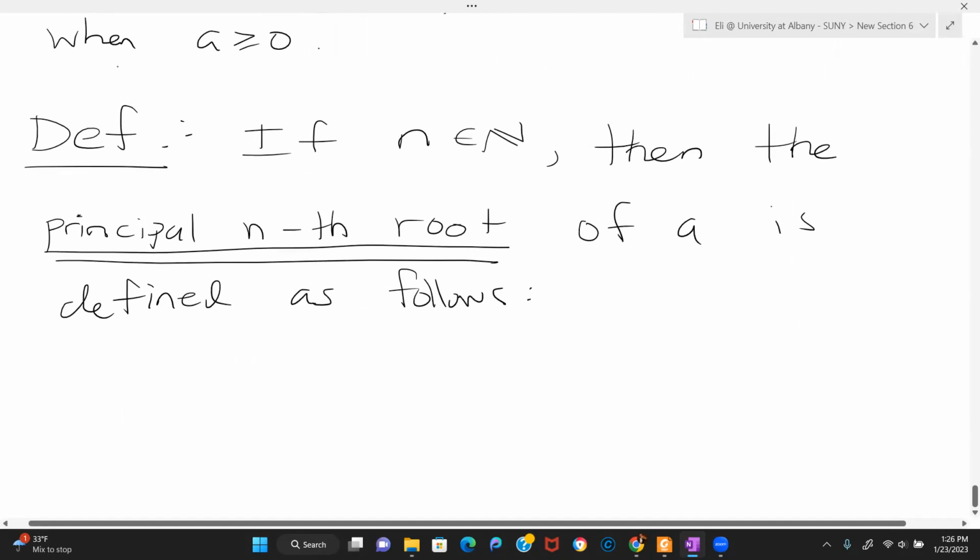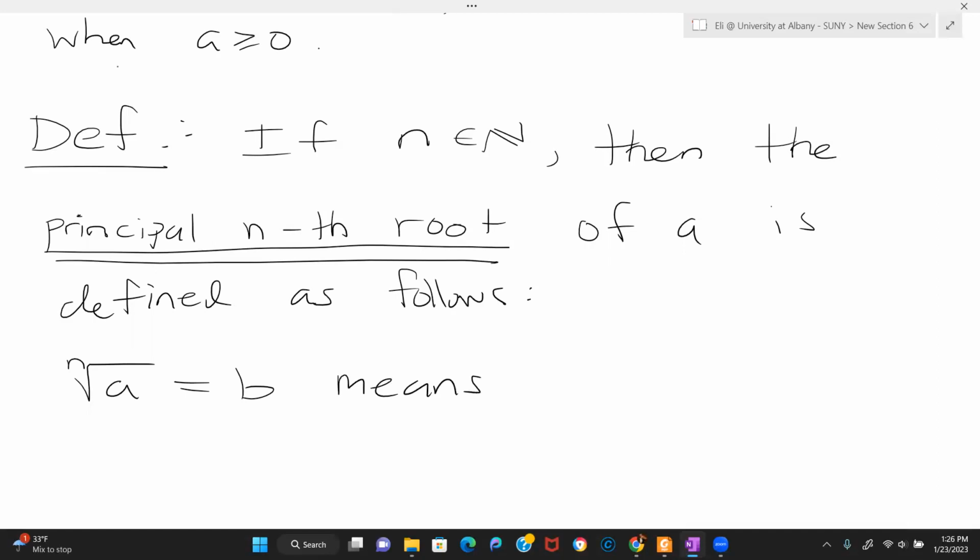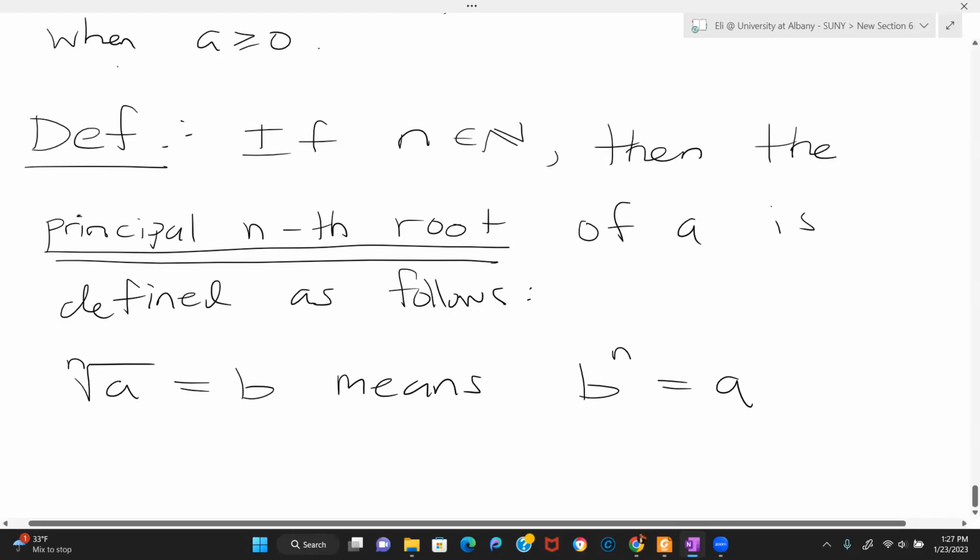I can talk about taking the nth root of a, and how do you do it? This definition I'm setting up tells you how to find it, actually. This equation right here means that when you take b and raise it to the nth power, you get a. So to find this nth root of a, you have to find a number such that when you raise it to the nth power, you get the thing under the nth root.